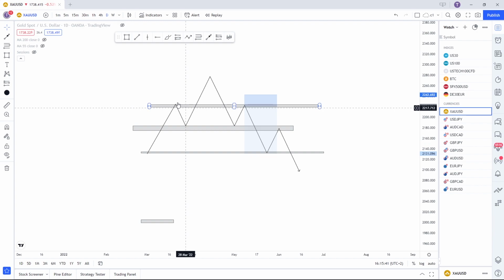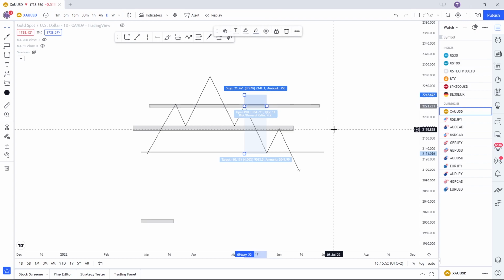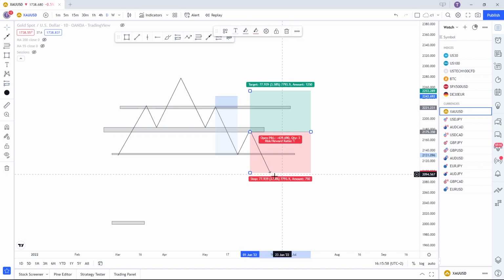So yeah, this is the head and the shoulders right here, and an aggressive entry right here. If you want, you can actually enter another trade, right?